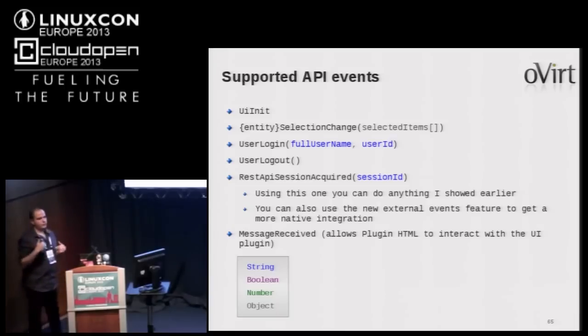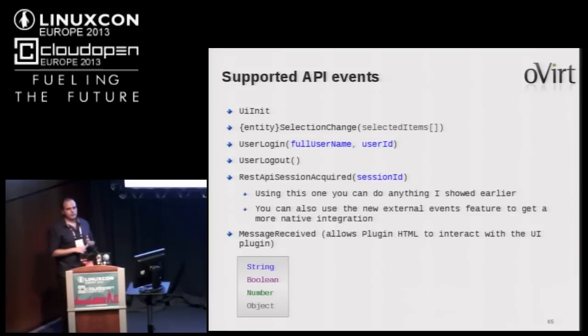And then you can use it in order to manipulate specific things in the engine. For example, a nice plugin that NetApp wrote allows you to create a new volume in one of their filers and use a storage domain on that.